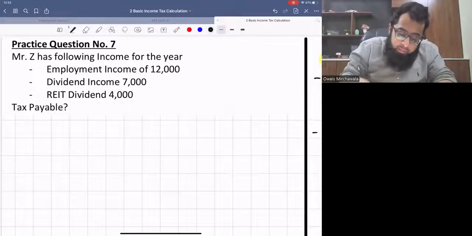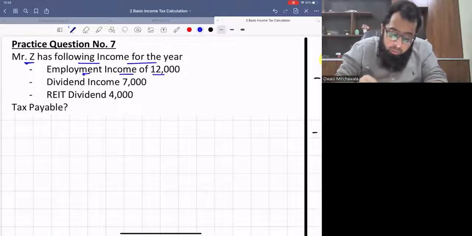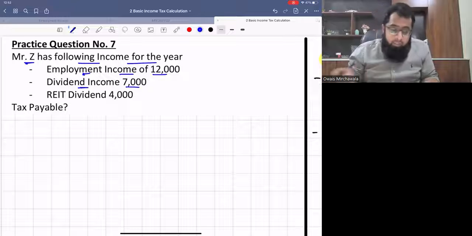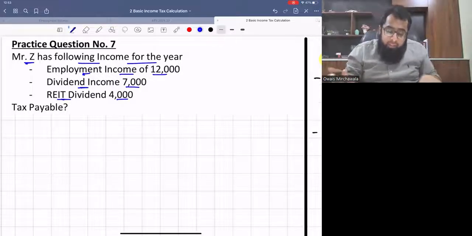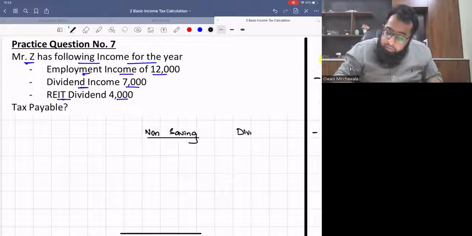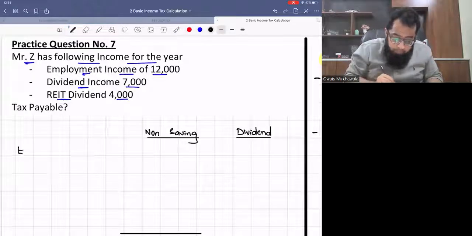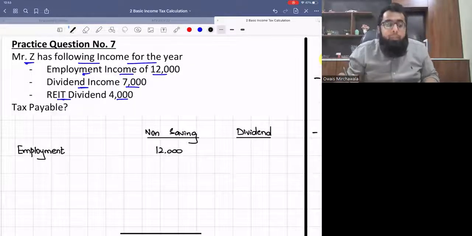Okay, so Mr. Z has the following incomes for the year. Employment income is 12,000. Dividend income is 7,000. REIT dividend is 4,000. We have to calculate the tax payable. Again, one head of income is non-saving and the other one is dividend. Employment income is 12,000.